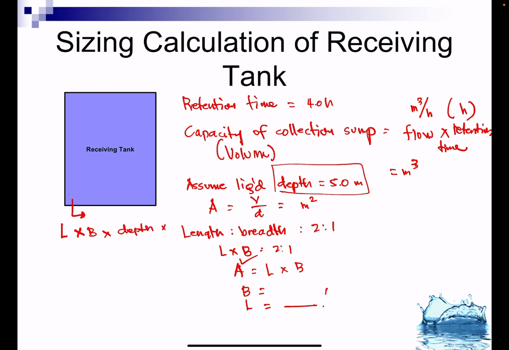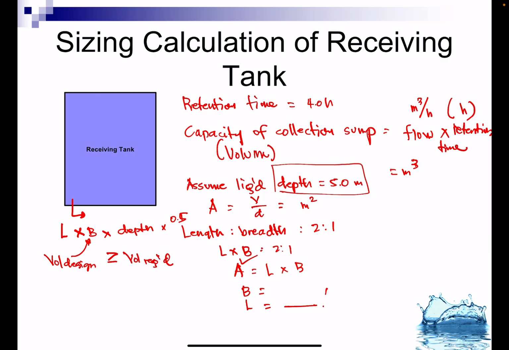And usually, there's a design factor of 0.5 here. Now, how are you going to check if your assumption for the depth is correct? You should compute for the volume design. Yan actually si L times B. This should be greater than or equal to the volume required.